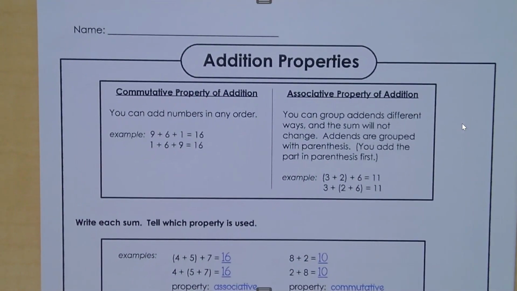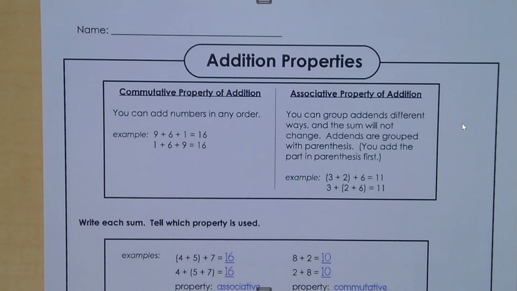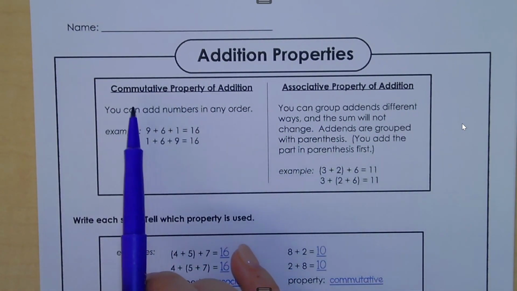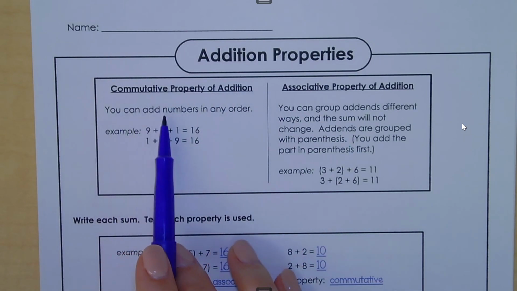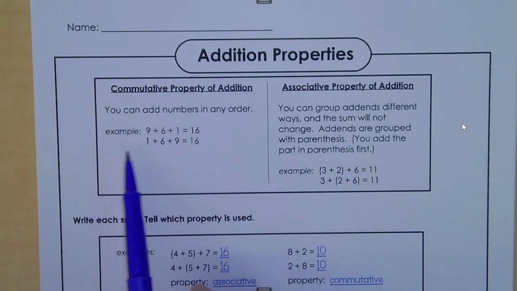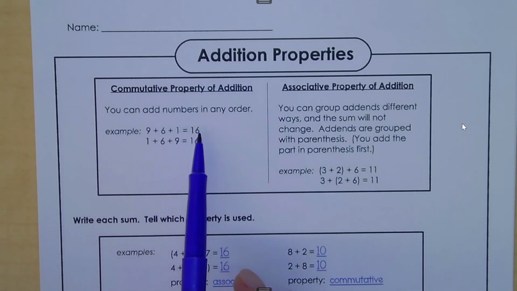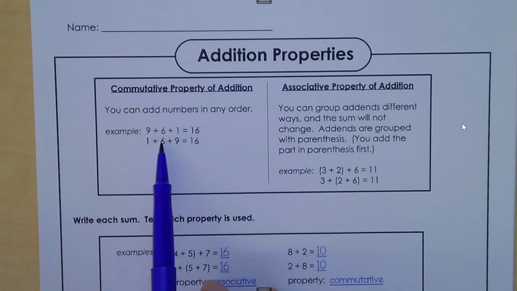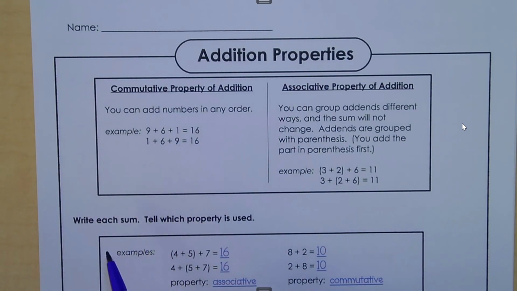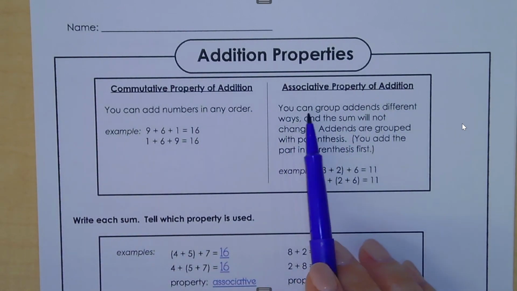All right, let's look at this top review one more time. Commutative property of addition. You can add numbers in any order. 9 plus 6 plus 1 equals 16. 1 plus 6 plus 9 equals 16. The order doesn't matter. Associative property of addition.